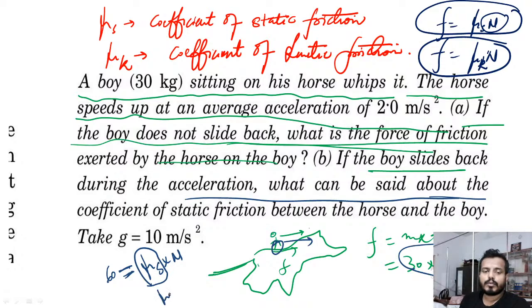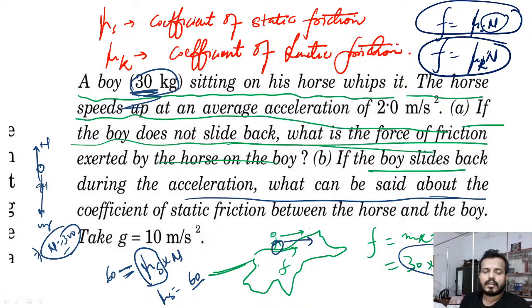So what is mu s? Mu s will be 60 by N. What is N? If you draw the diagram, there will be N and this is mg, so N is equal to 300. So mu s will be 60 by 300, that is 1 by 5.